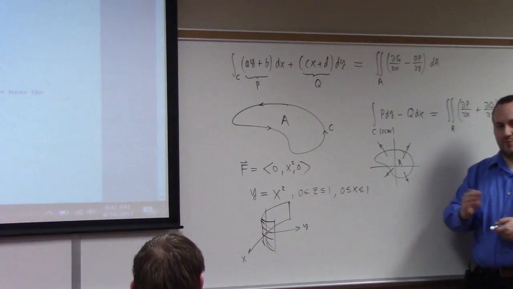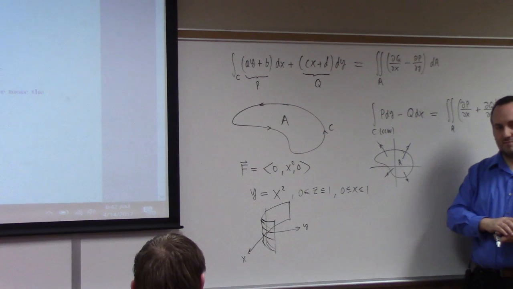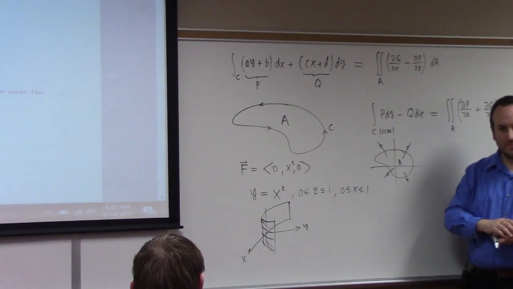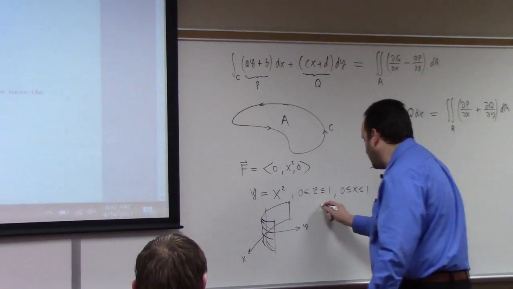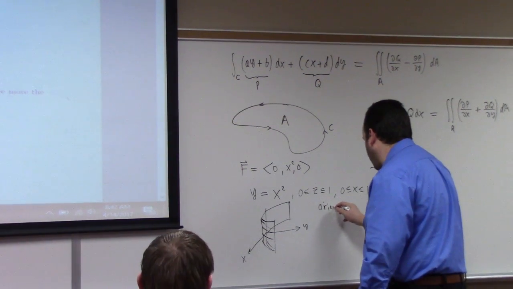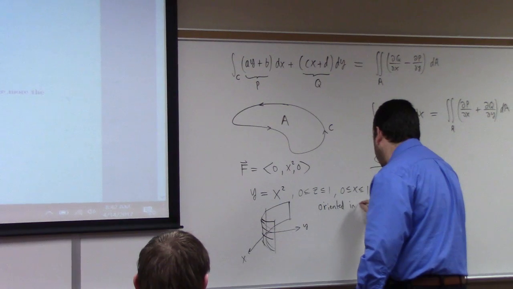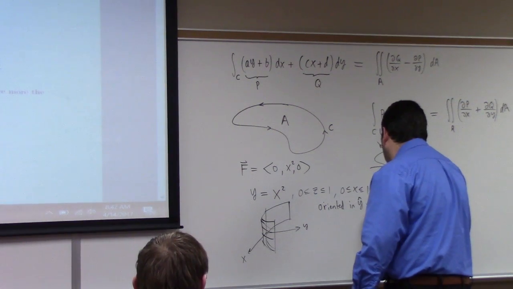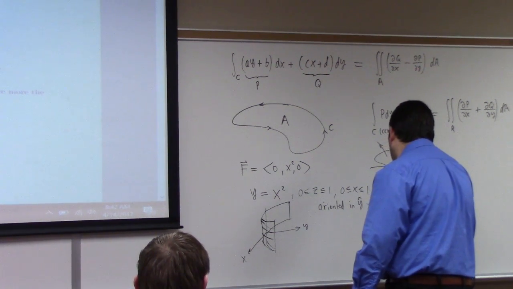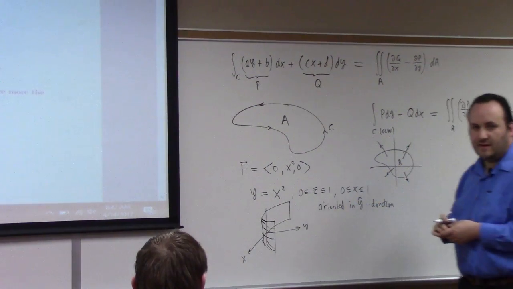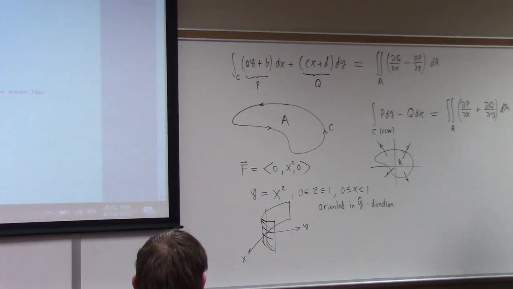So I'd have to add wording like, oriented in the y-hat direction, for example. Once I say that, find the flux of F through that, then that's a meaningful question. Now I'd have to figure out a parameterization of the surface which puts the normal on that side, and go from there.